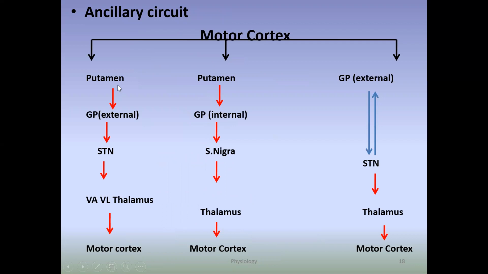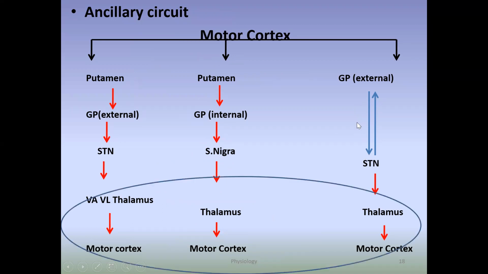You can see putamen, globus pallidus external segment, subthalamic nucleus, ventroanterior and ventrolateral nucleus of thalamus, motor cortex. Then putamen, globus pallidus internal segment, substantia nigra, thalamus, and then motor cortex. And there's a two-way connection between the GPE and the subthalamic nucleus.